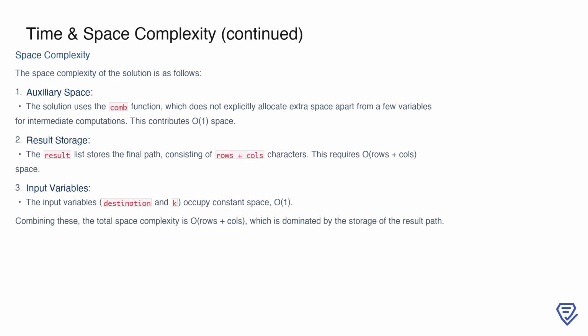This requires O(rows + cols) space, as the length of the path is equal to the total number of moves. Lastly, the input variables themselves, such as destination and k, occupy constant space, O(1). When we combine all these factors, the overall space complexity is dominated by the storage of the result list, resulting in O(rows + cols). This makes the solution efficient in terms of memory usage as well.